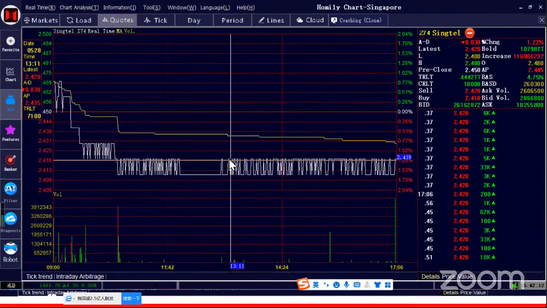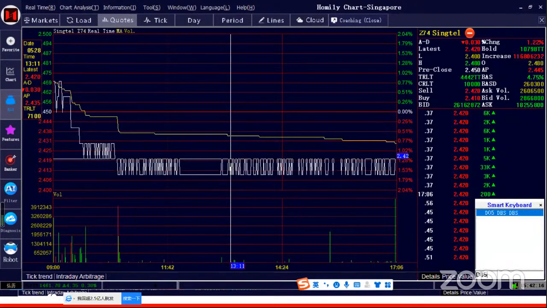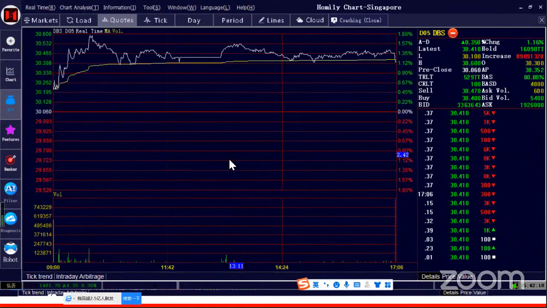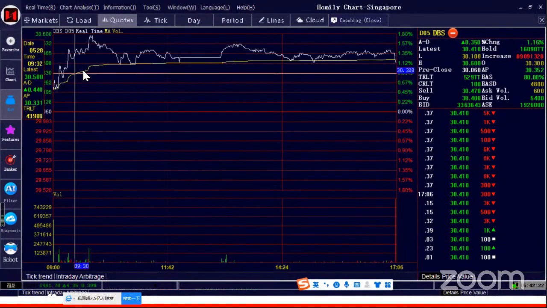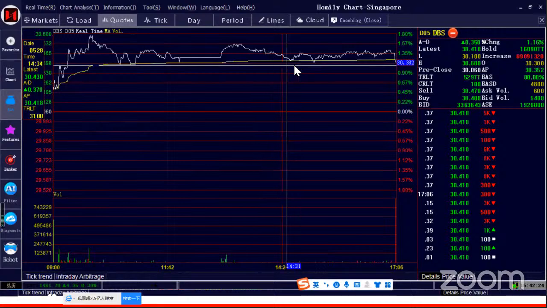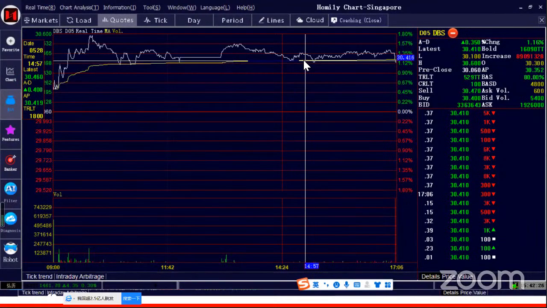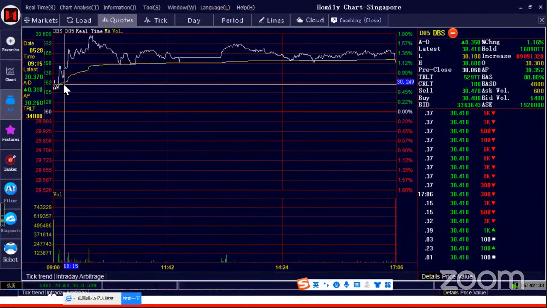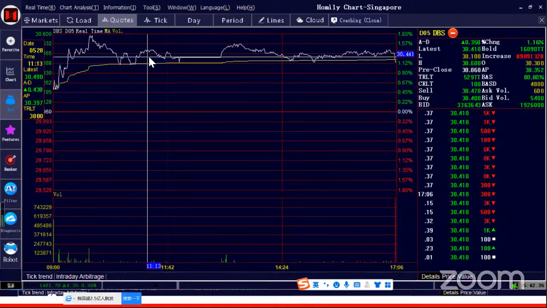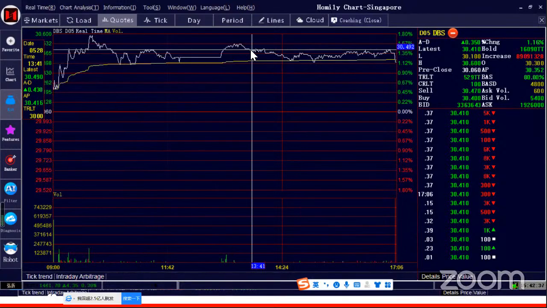So let's say another stock like DBS. For DBS, the yellow line here represents the average trade price of the day, and the white line is its actual trade price.